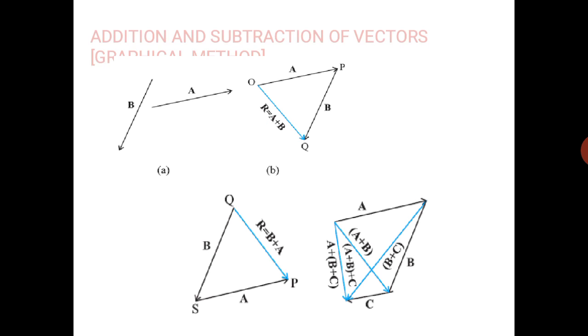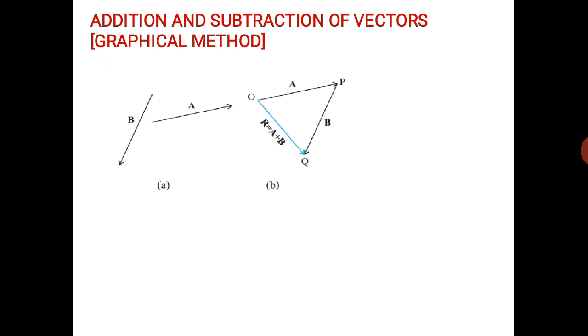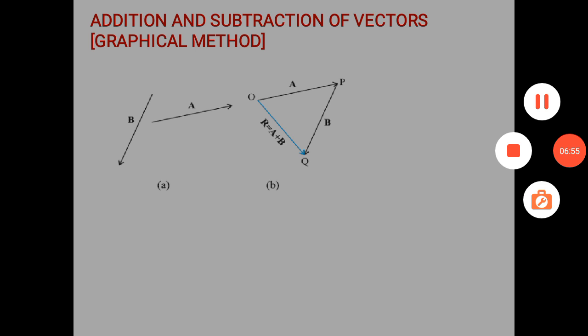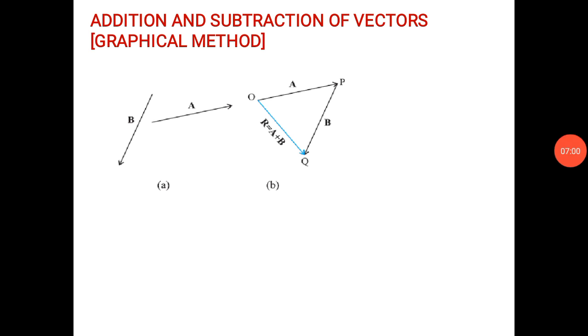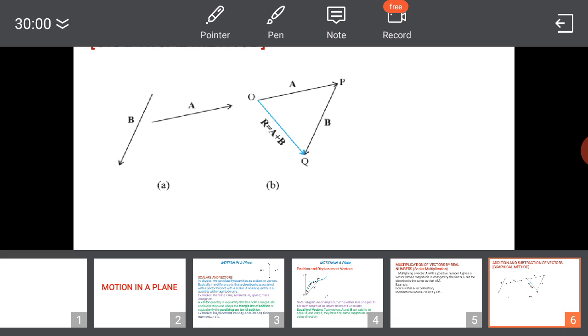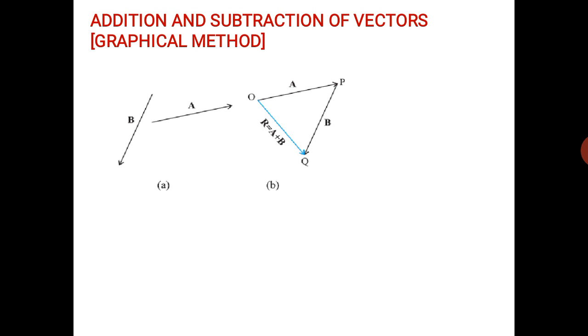Okay, see here, there are two vectors A and B. The first line gives the magnitude and the direction of the first vector A, and the second line indicates the vector B along with the direction.